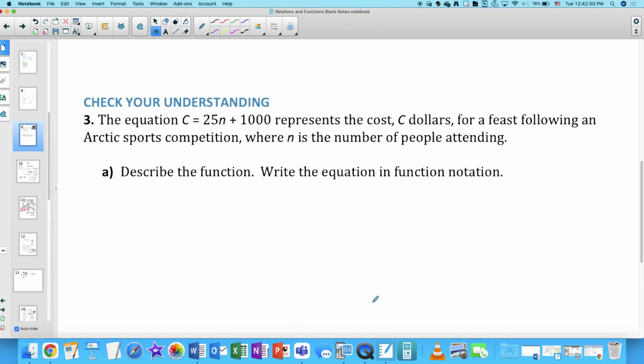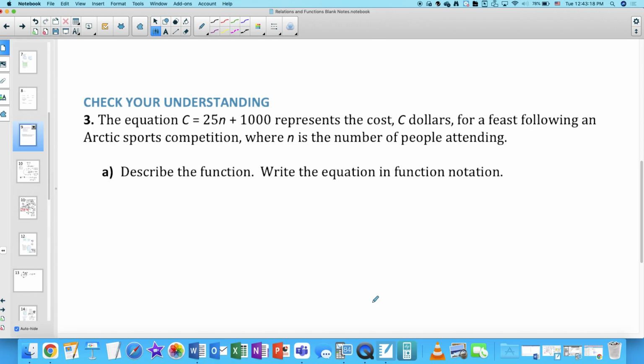So we looked at that example a few days ago, and we talked about the fact that the 25 represents the cost per person. So that would be things like food, things like, I don't know, party favors or whatever you're planning to give the guests. The 1,000 is your fixed costs. You have to pay that no matter what. So that's probably the hall rental and the entertainment and maybe the photographer or that sort of thing.